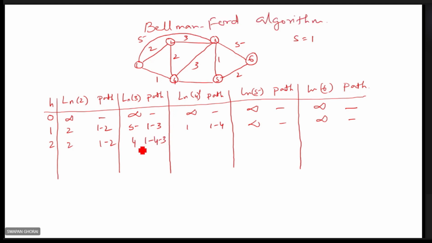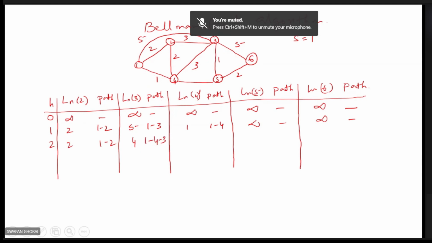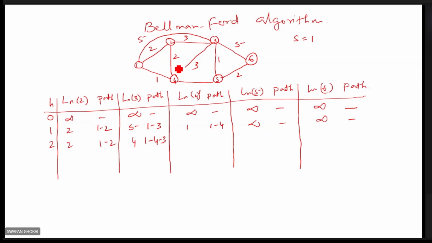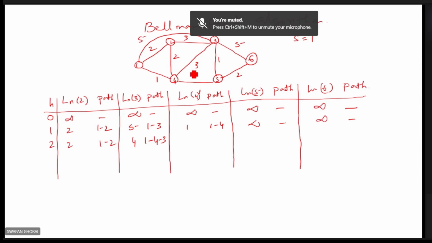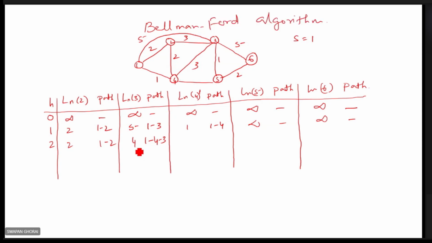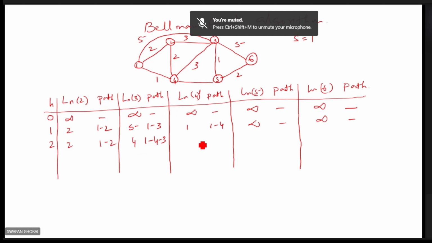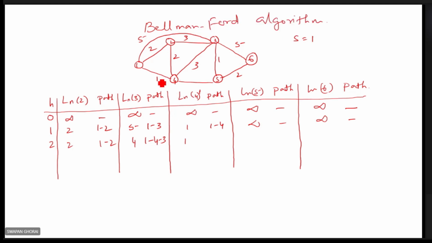So you see, it is 4. It is not 5, and it is 1 to 4 to 3. Any other path, if you just consider 2 hops, will be greater than 4, right? Now 1 to 4. 1 to 4 will be the same, even if you consider 2 hops, since it is minimum, so it will be as such.